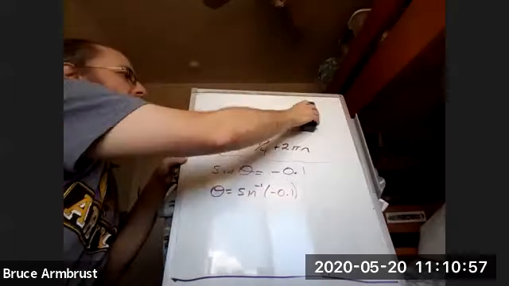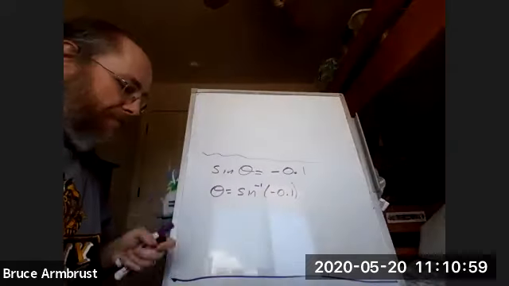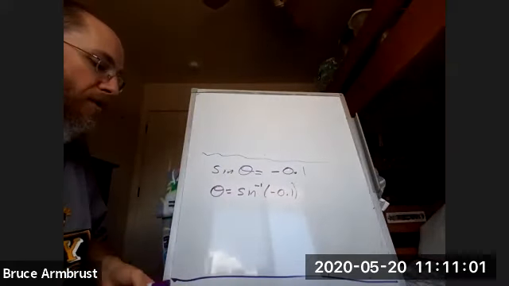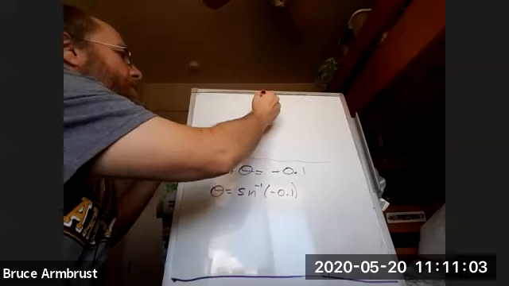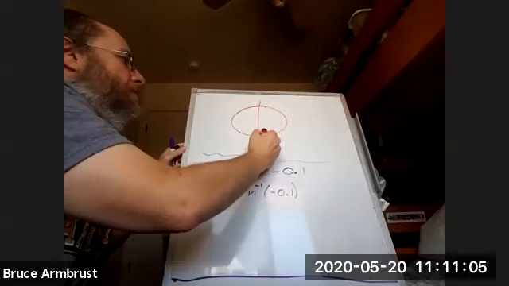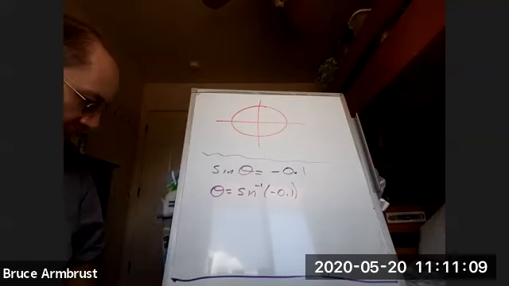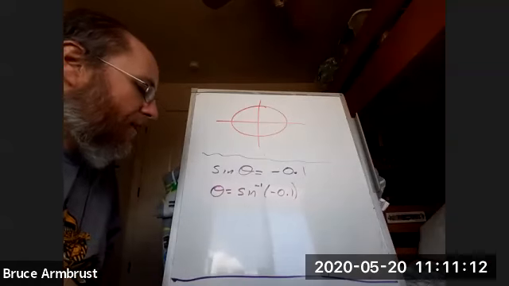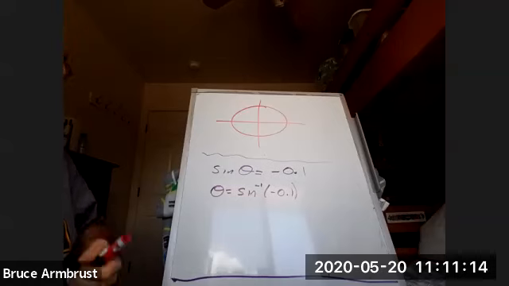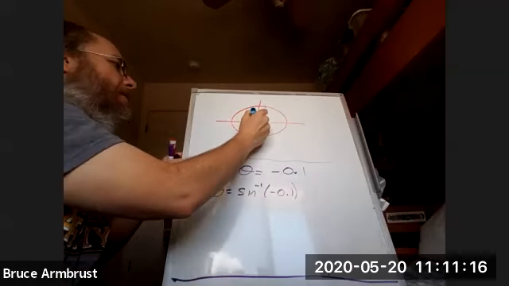So let me draw a picture of the unit circle up above, and let's talk about where we're looking here. So here's our unit circle. So we need a sine of negative 0.1. So the quadrant 3 angle is going to be somewhere down here.